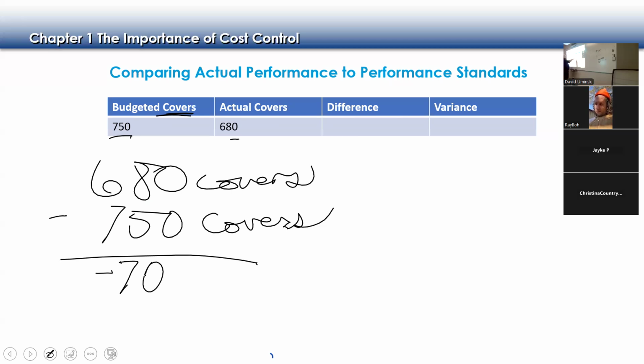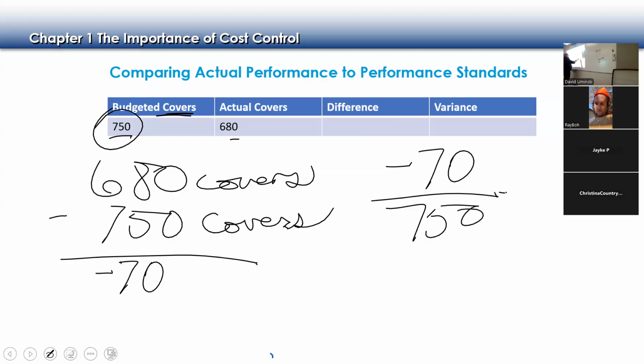That's our difference. Then we divide by our budgeted of 750, our original number, and it's 9.3%. And it's a negative since we are less.